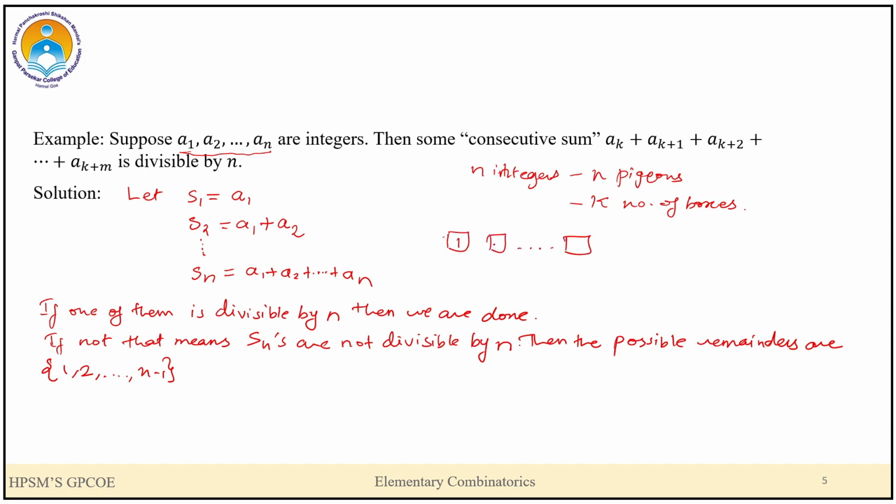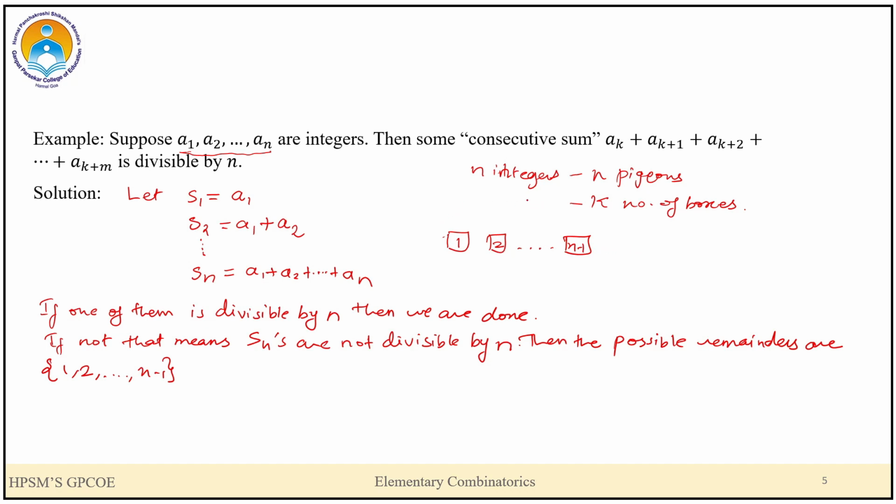So 1, 2 up to n minus 1. Here you will put those numbers whose remainder is 1 when you divide by n. Here you will put those numbers which when divided by n give remainder 2, and so on.